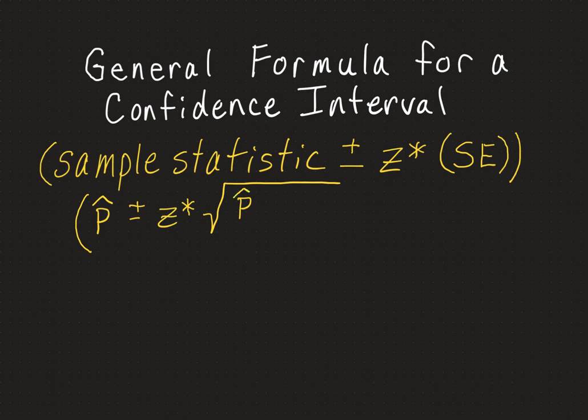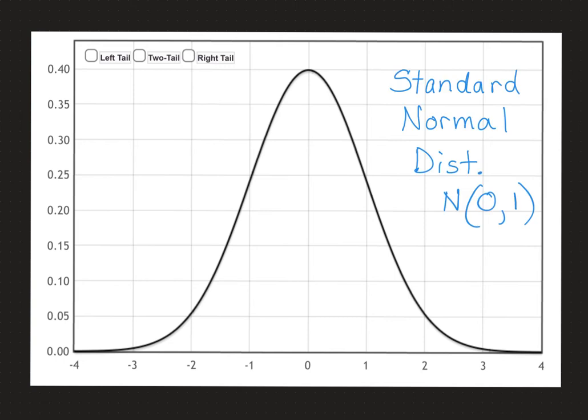So we don't know the population proportion. We are going to build our standard error based upon our sample proportion. So everywhere you saw a population proportion, a simple p, in the previous formula, you are now going to see a p hat.